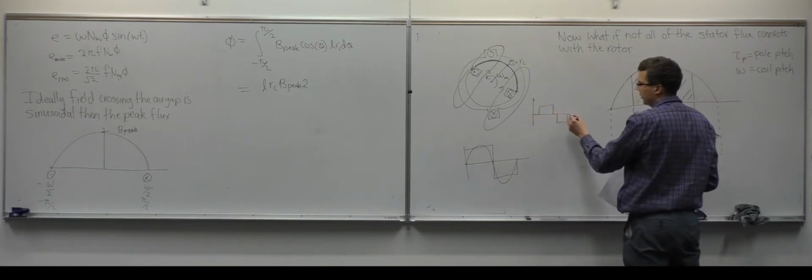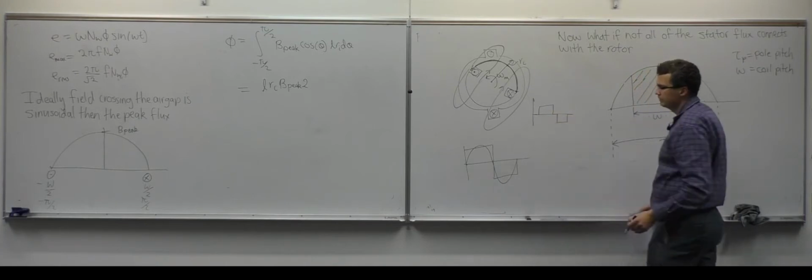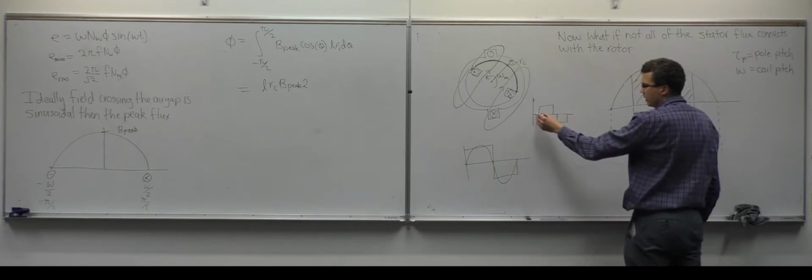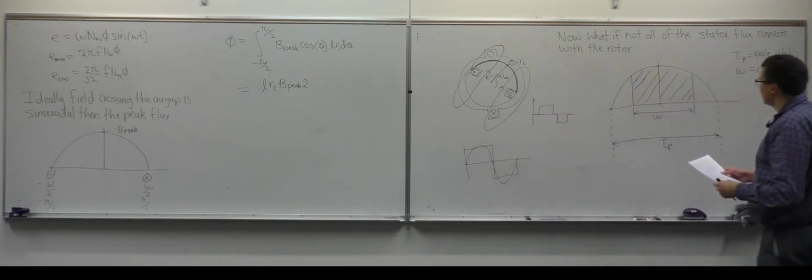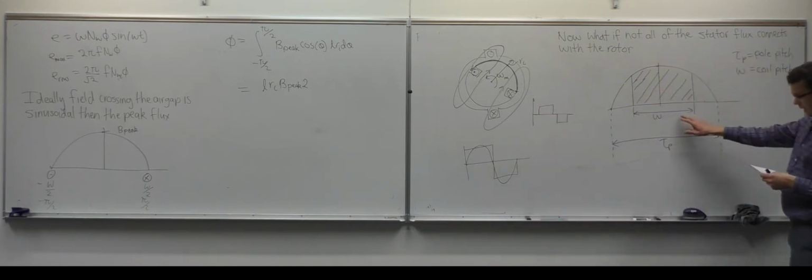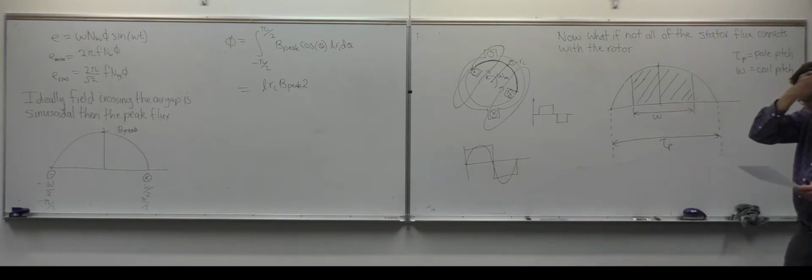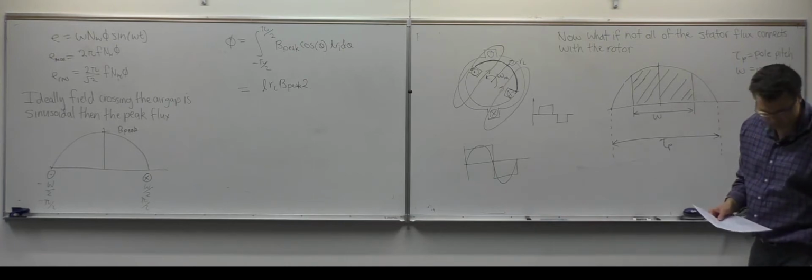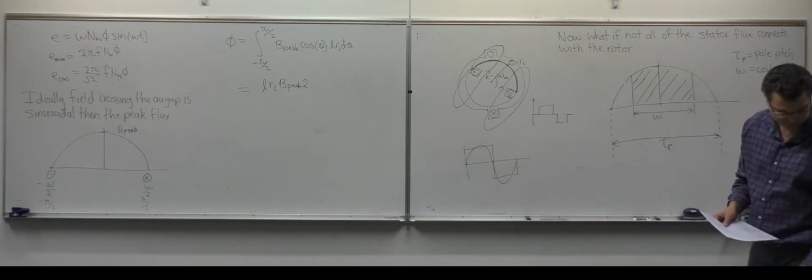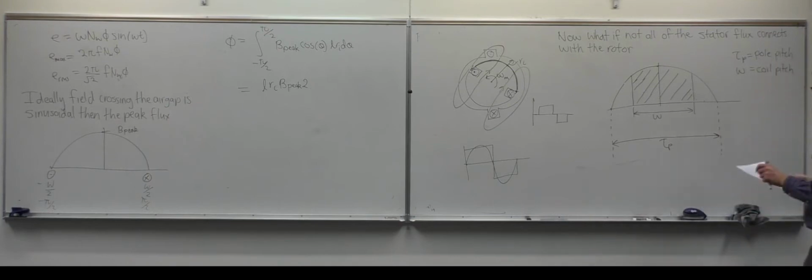But this was a square wave. We're just looking at the fundamental of this. So we can calculate using this what the pitch factor should be to account for this difference in the coil pitch and the pole pitch.